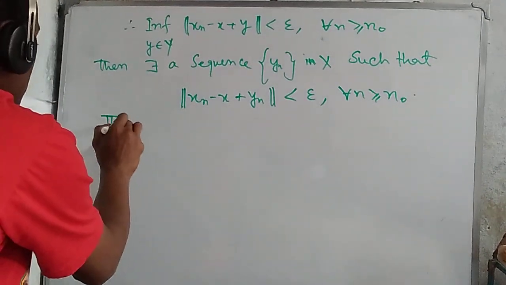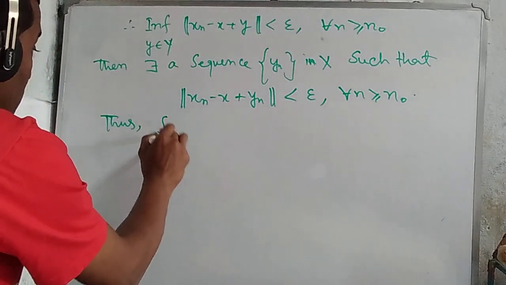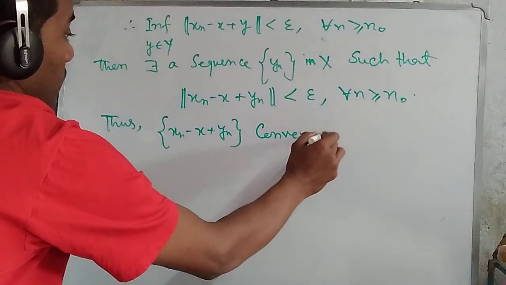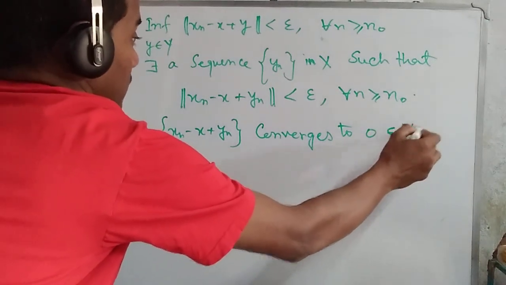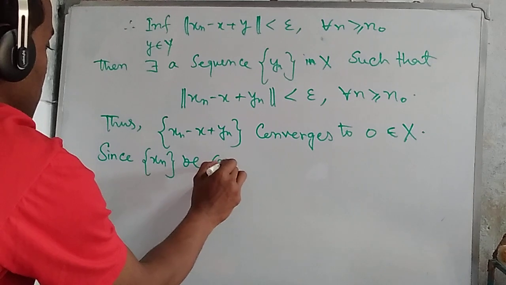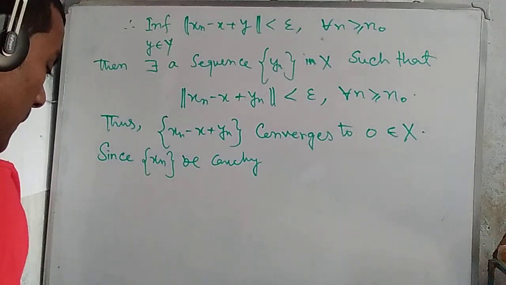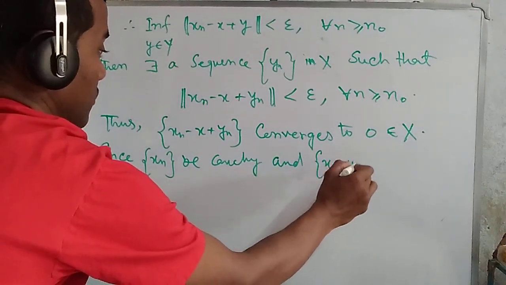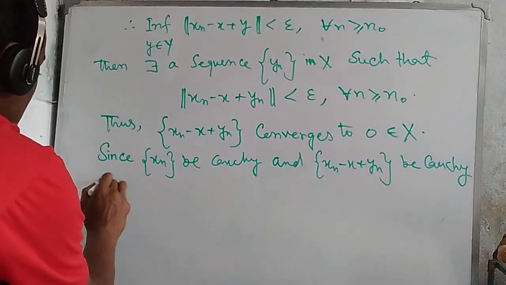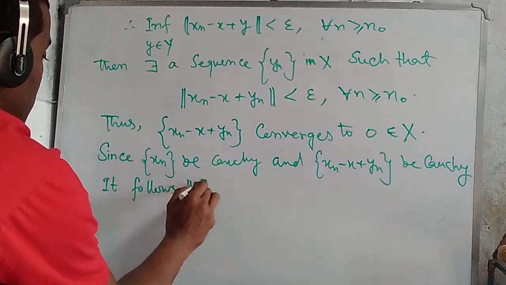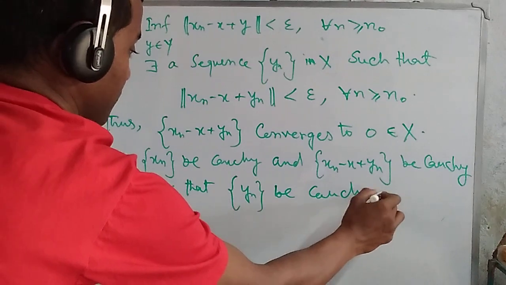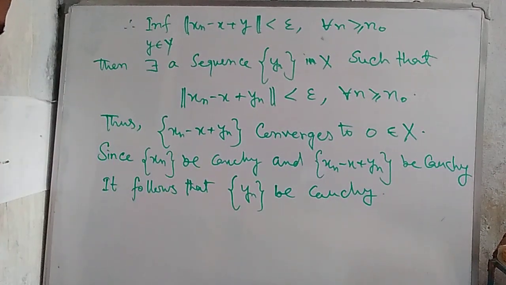Thus x_n minus x plus y_n converges to 0 in X. Since x_n is Cauchy, and x_n minus x plus y_n is Cauchy, it follows that y_n is Cauchy.